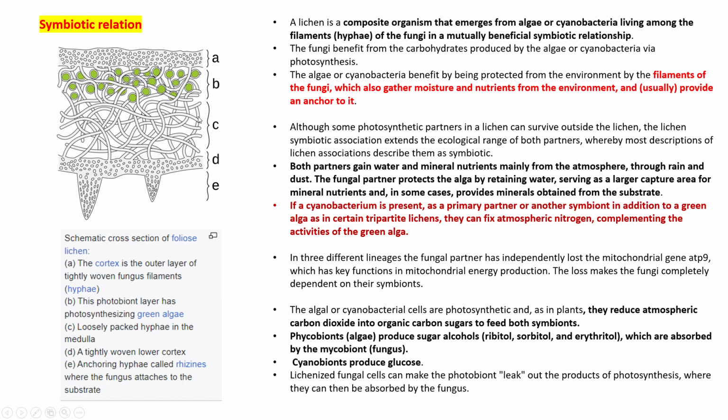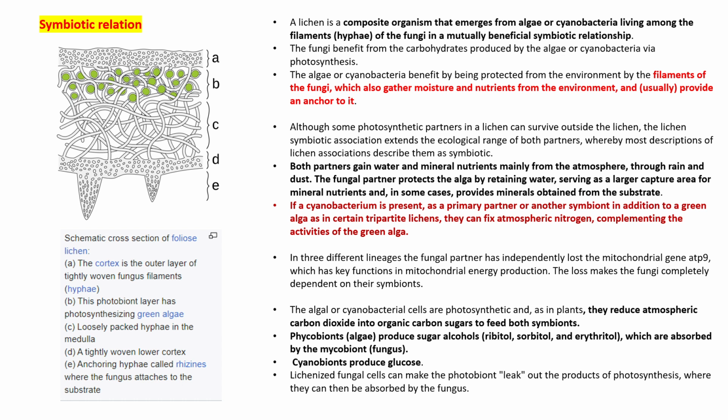Now the question was, which part of the lichen is responsible for absorption of moisture? Let's find out. For that we have to study the symbiotic relationship in the lichen, that is, what functions are performed by the fungus and what functions are performed by the cyanobacteria.